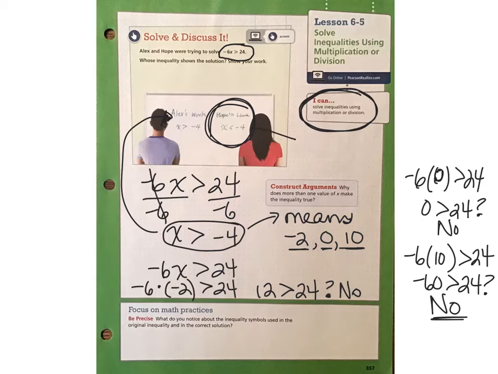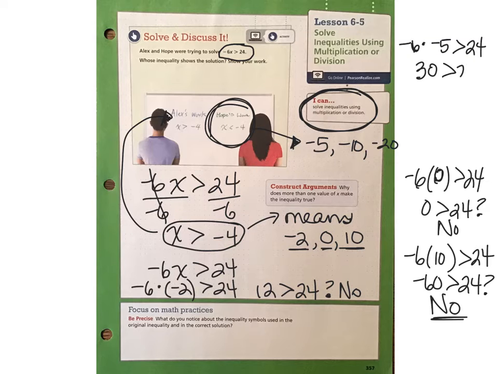Well, when you take a look at the possibilities for solutions in Hope's answer, x is less than negative 4, then that means you're going in the negative direction even further, such as negative 5, maybe negative 10, or maybe even negative 20.